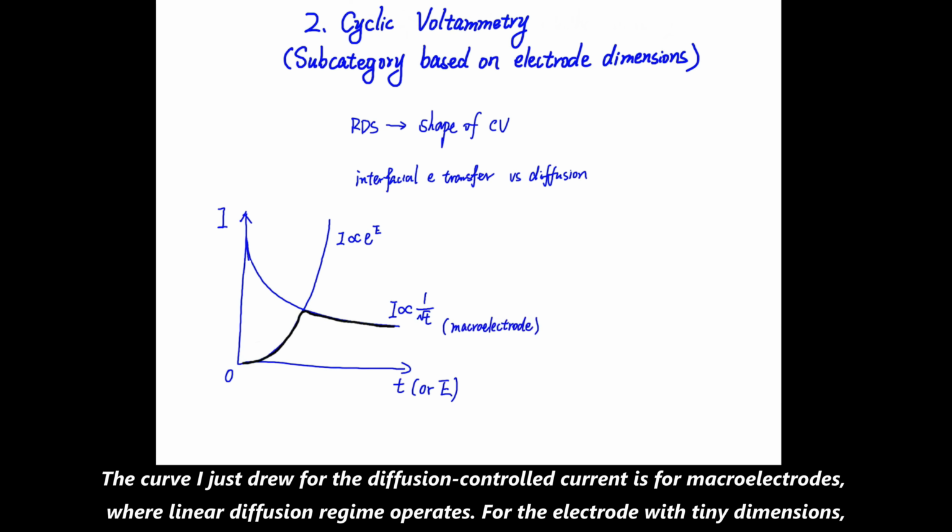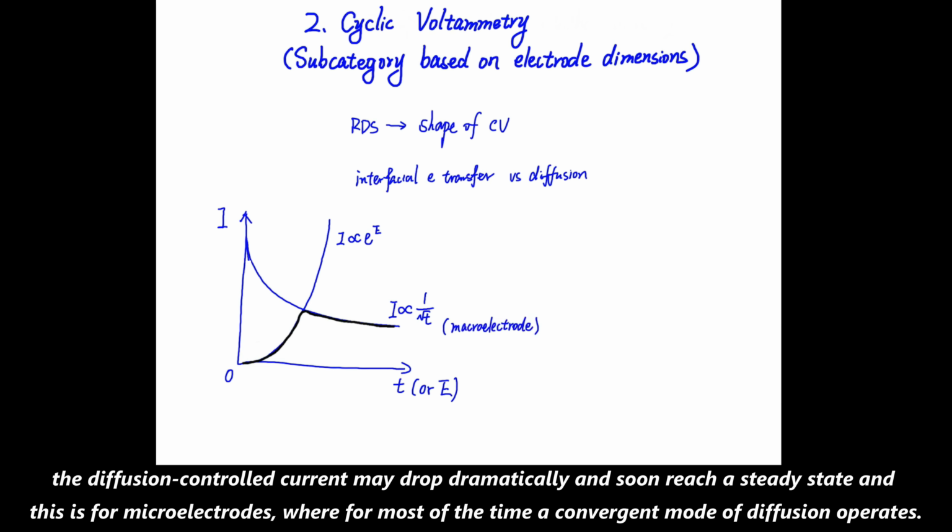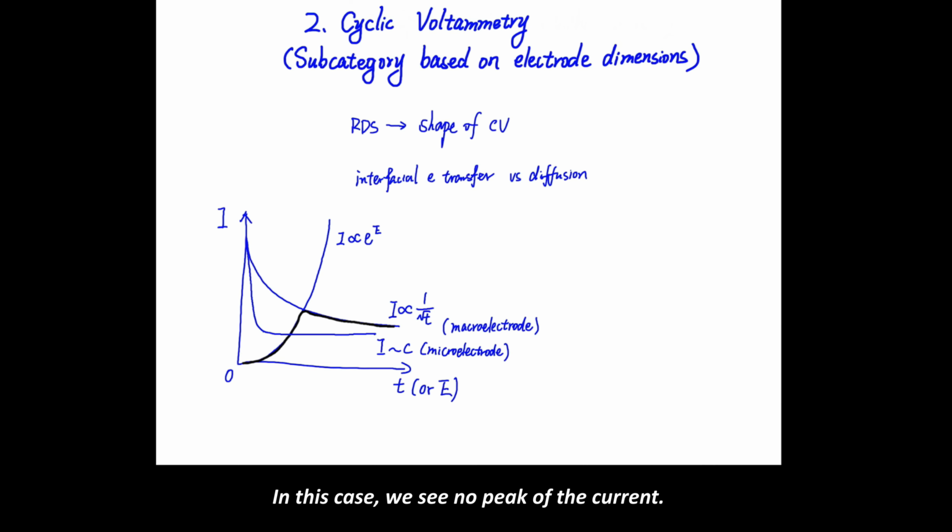The curve I just drew for the diffusion-controlled current is for the macroelectrode, where the linear diffusion regime operates. But for an electrode with tiny dimensions, the diffusion-controlled current may drop dramatically and soon reach a steady state. This is for the microelectrode, where for most of the time the convergent mode of diffusion operates. In this case, we see no peak in the current.